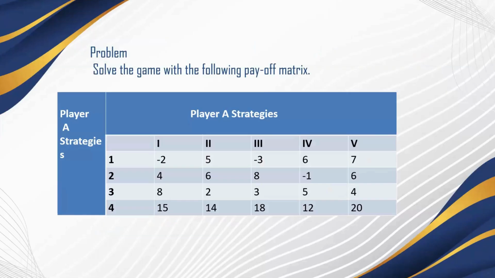For the game theory, first we have to see the row minimization and column minimization, finding the maximin from the row. And for the column, we will find the minimax, saddle point, optimal strategy and value of the game.